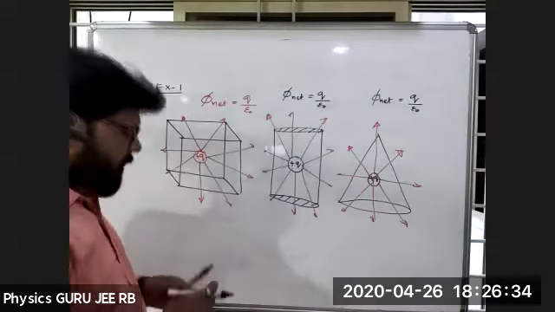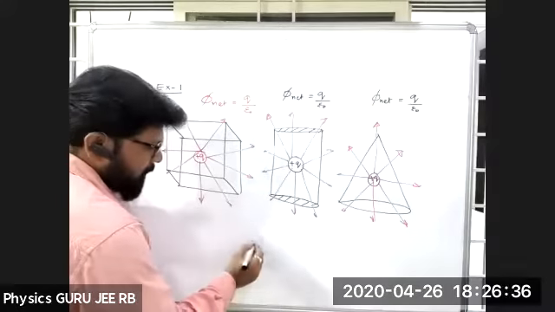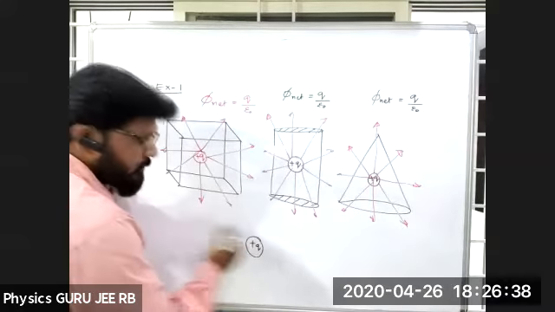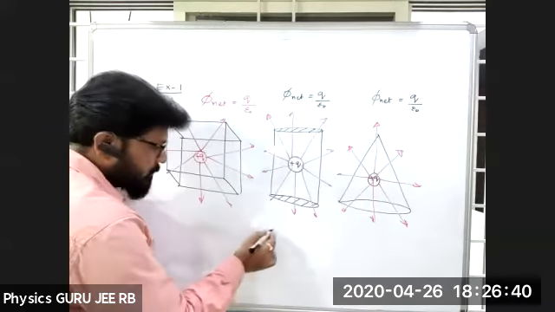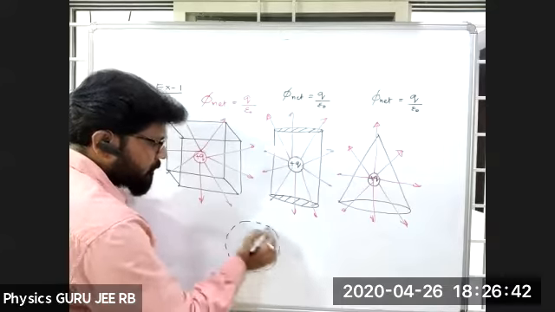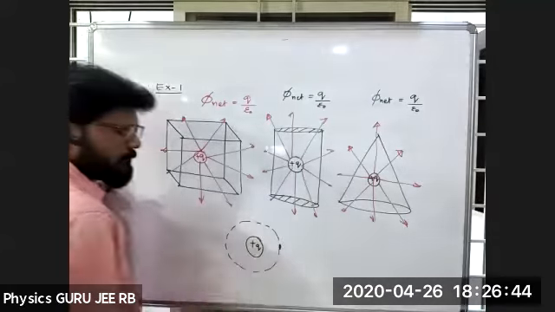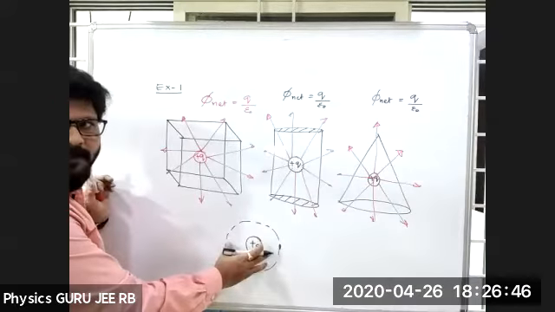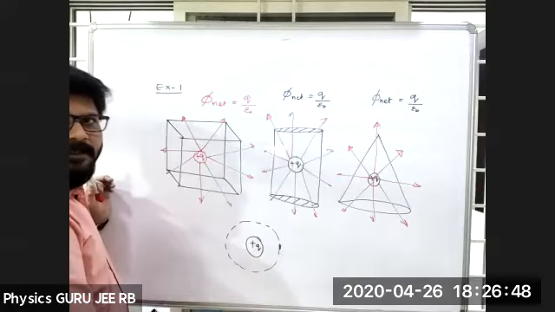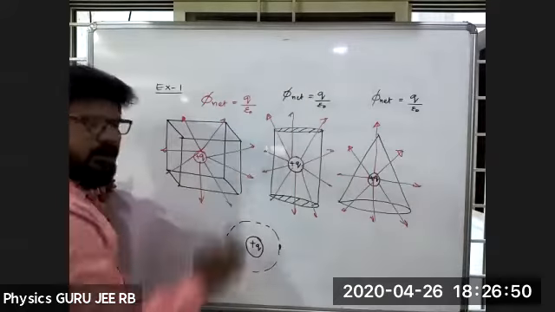Now, if I place a charge here, this is the charge. For this surface, what is the flux linked? Flux linked will be Q by epsilon naught.